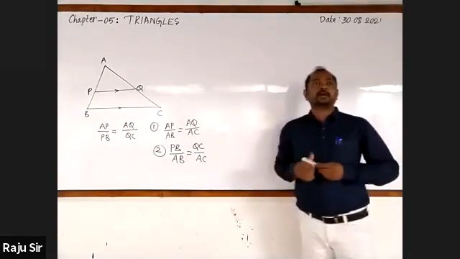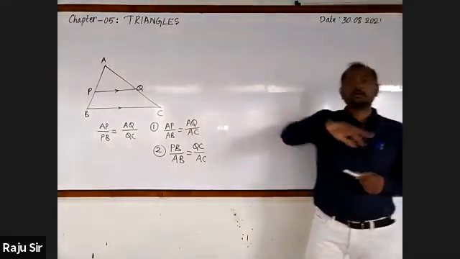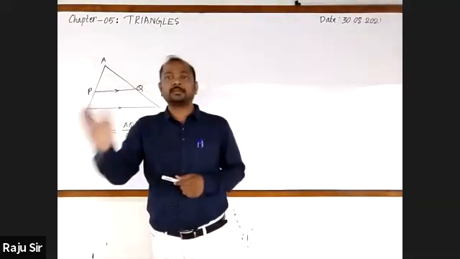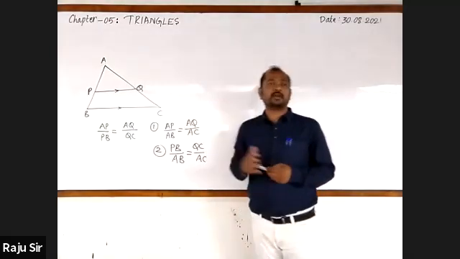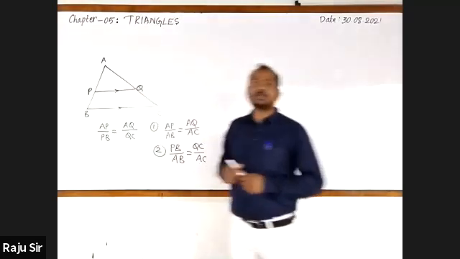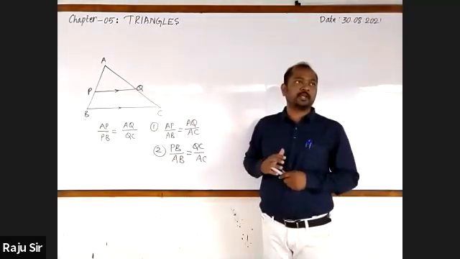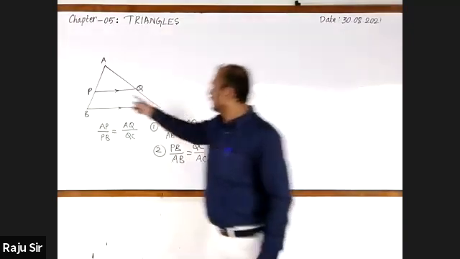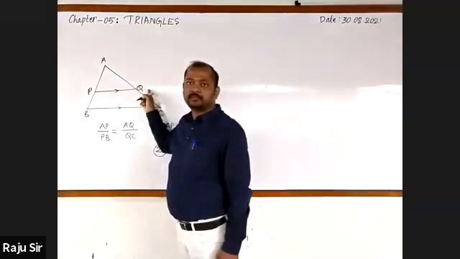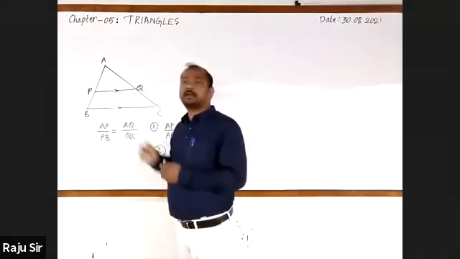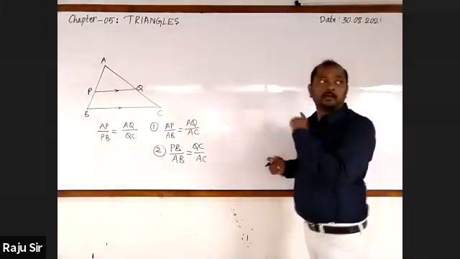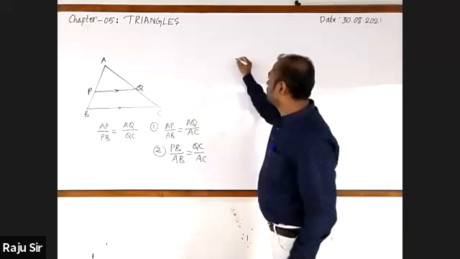And we also know that a statement which is formed by reversing the order of the assumption and conclusion is called the converse of the theorem. Then what is the converse of BPT? Whatever line is drawn in a triangle, if it divides any two sides proportionately, then it will be parallel to the third side. Let me draw a figure relevant to the converse of BPT.